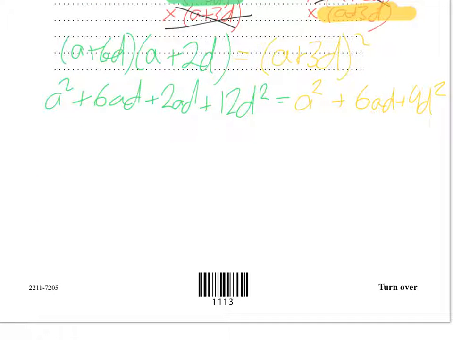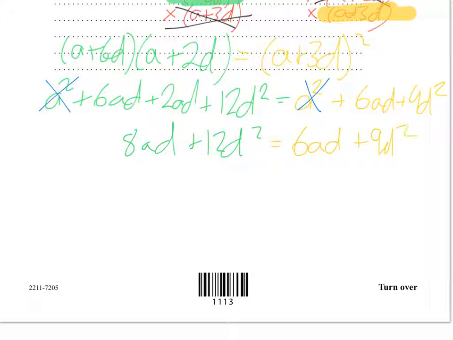You should see you can take a squared off both sides, so that's not going to factor in. Just tidying up the left, we get 8ad plus 12d squared is equal to 6ad plus 9d squared.